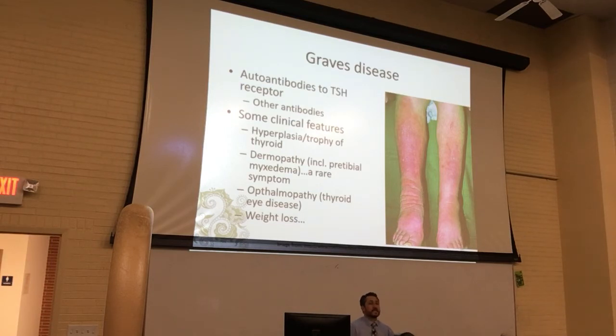That's usually a sign that the patient has been dealing with unmanaged Graves' disease for a long period of time. They get these skin lesions right on the tibial crest, basically the shin, from the knee all the way down to the ankle. They also have this eye disease and significant weight loss.